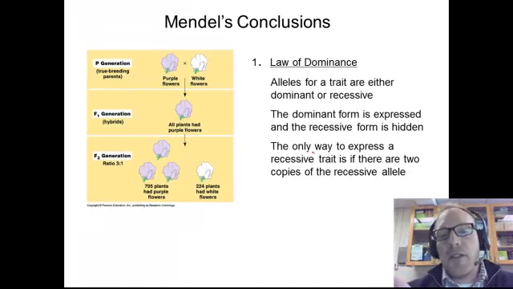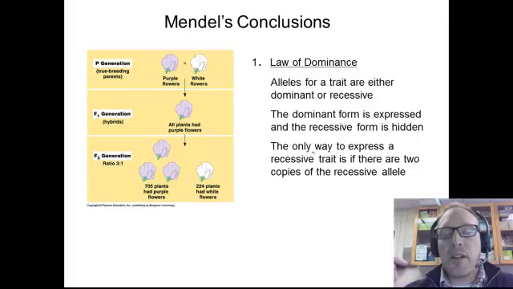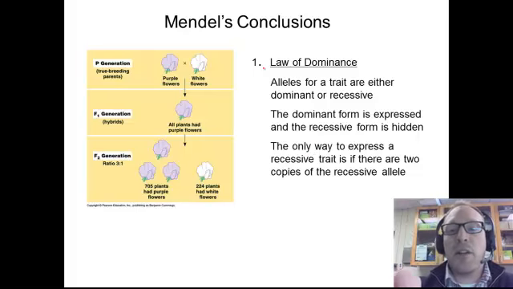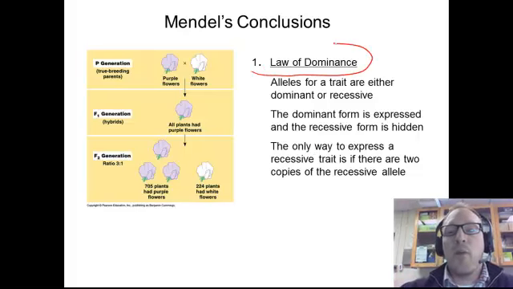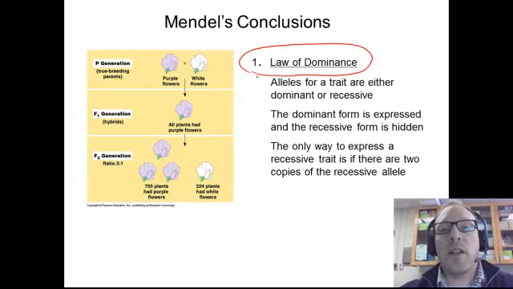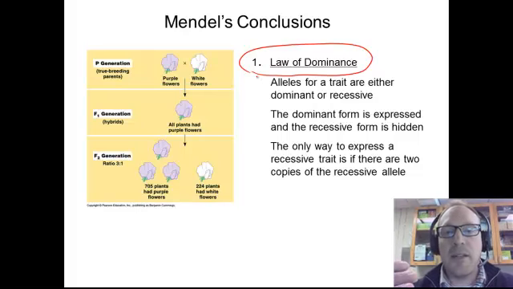So let's talk about Mendel's conclusions. We've already talked a little bit about the law of segregation, but I want to make sure that we point this out in order here. We alluded to this idea that one allele can dominate over the other, and I want to make sure that you're aware that we have this law of dominance that we talk about as it relates to Mendel's work. Okay? And this is a key idea here.